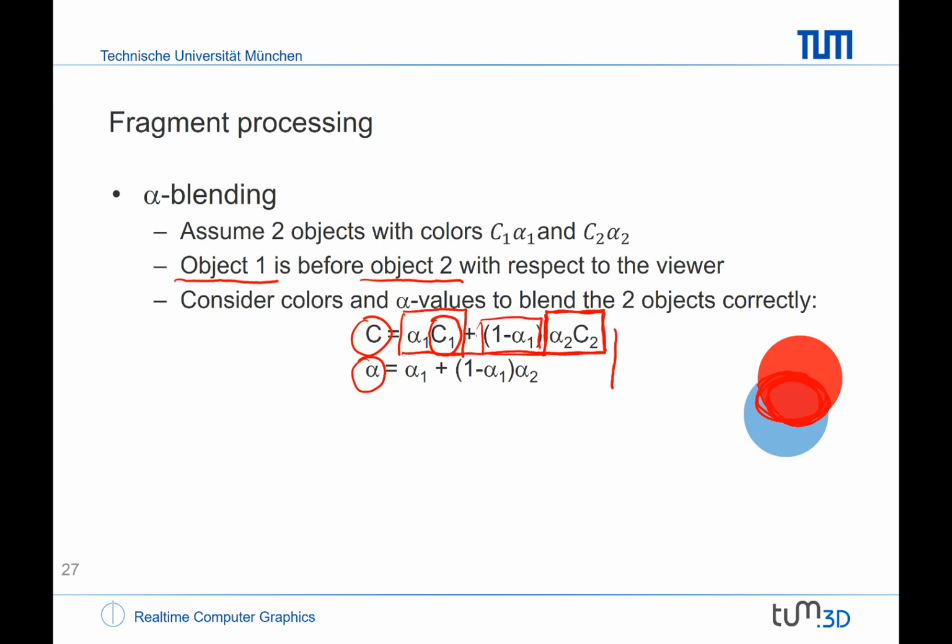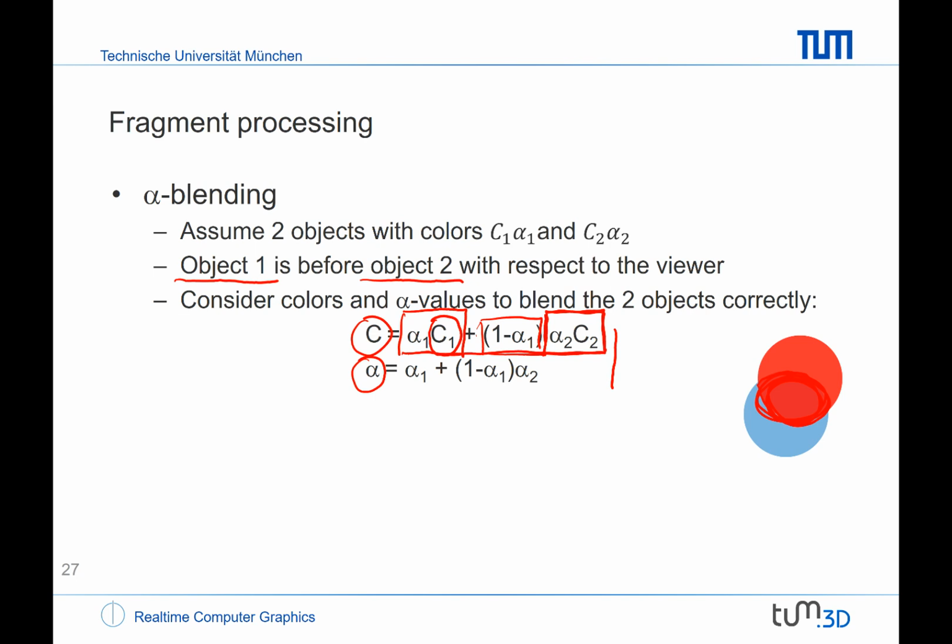Yes, it does, because if you consider that alpha 1 is 1, then the effectively perceived color of object 1 is just C1, plus then comes 1 minus alpha 1, which is 0, meaning that I modulate the effectively perceived color of object 2 by 0. Which is clear, that is what I want to achieve.